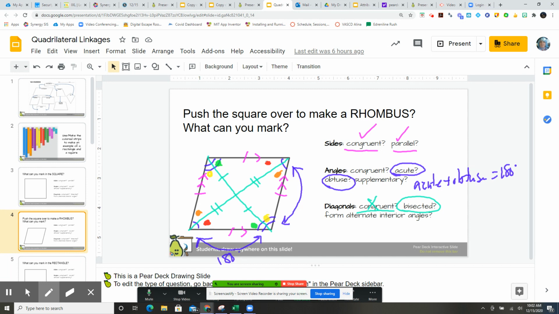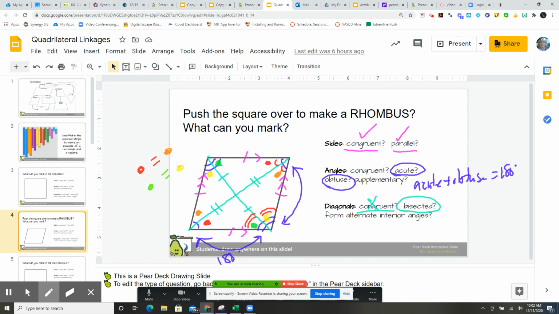The other thing that happens is these two are exactly the same. And these two are exactly the same. So the green and the yellow equal, and the orange and the red equal. So red equals orange, and green equals yellow.